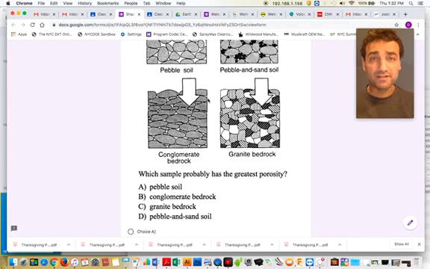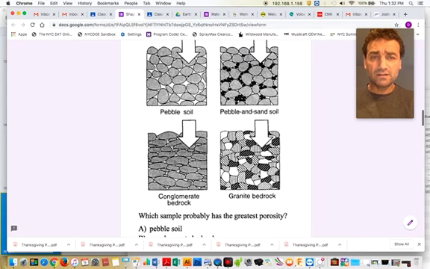I remember porosity is the relationship, the ratio between the pore size and the particle size. Let's see. These here have some pebbles in the middle and some sand, so it's unsorted, so that wouldn't be it. We have this granite where they're all locked together, so no, that's no good.